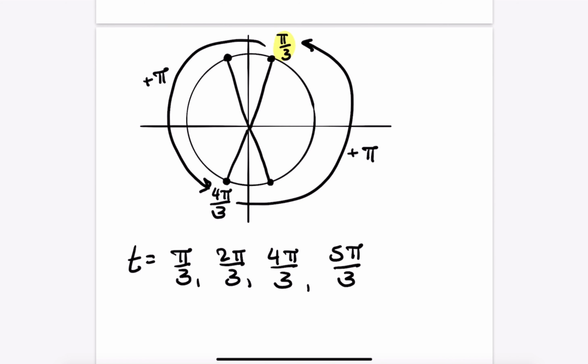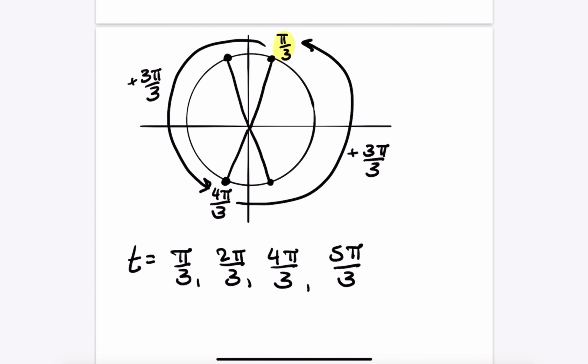To make this easier, adding pi is the same as adding 3 pi over 3, if you want to look at it that way. So 4 pi over 3 plus 3 pi over 3 would give us 7 pi over 3. And then adding pi to that would give us 10 pi over 3. It would just keep on rotating between these 2 points, this one and this one.